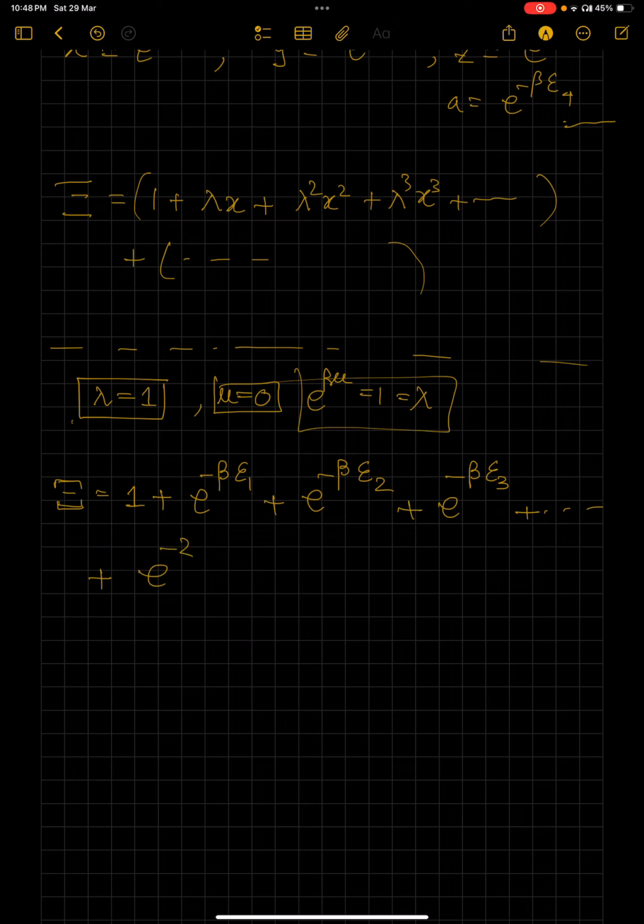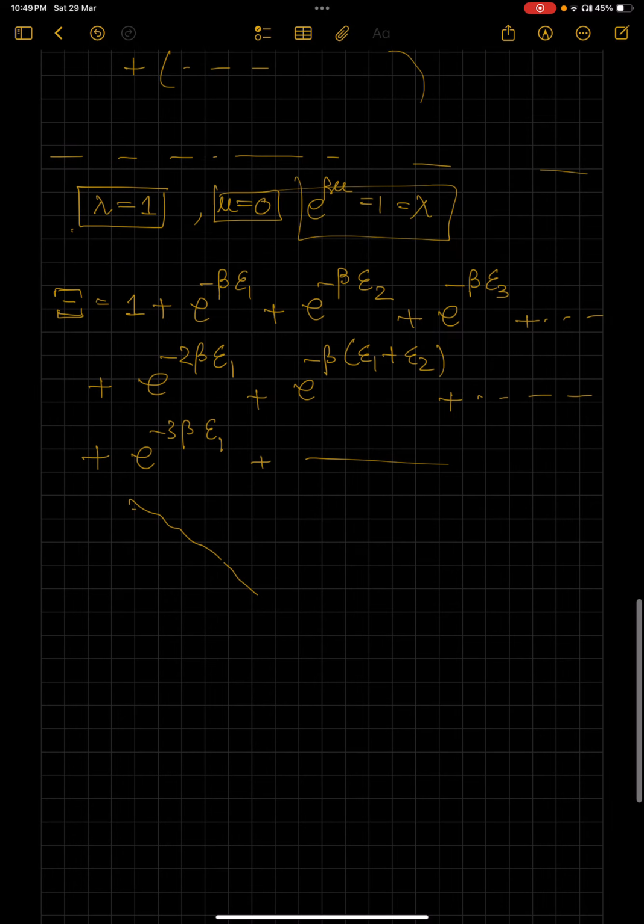So e to the power minus 2 beta E1, two photons sitting on the first energy state, and then beta (E1 plus E2), one sitting on the first energy state, the other photon sitting on the second energy state, and so on and so forth. And then I can write the three particle contributions in a similar way. I can write all the different types of contributions, right?